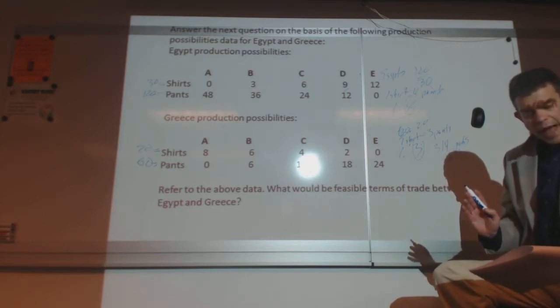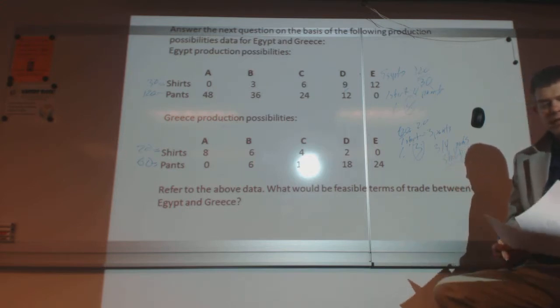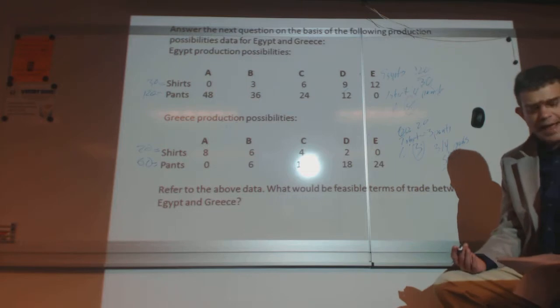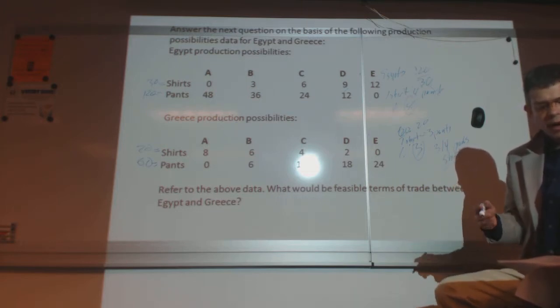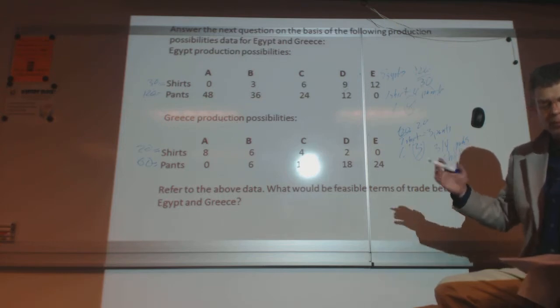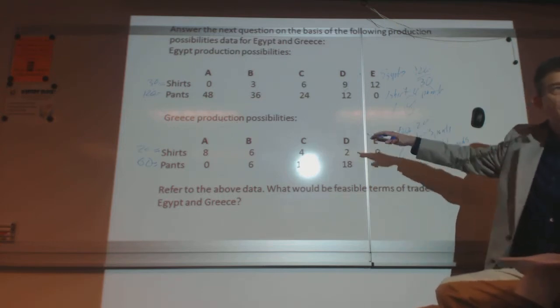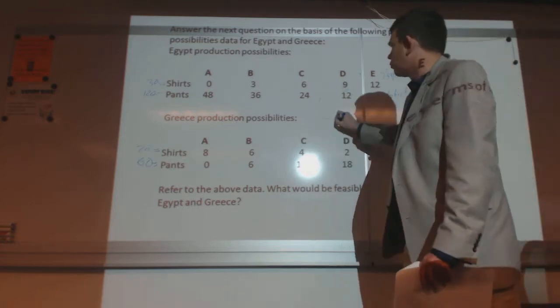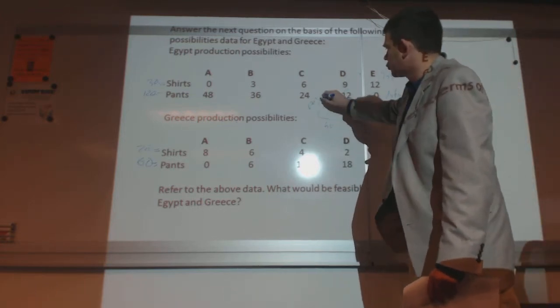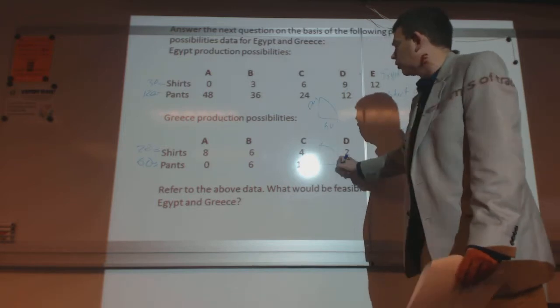If you have anything beyond that, any terms higher than that, one of the countries would be able to do better simply by producing with their own resources. So in essence, if these were two production possibilities curves between pants and shirts, one will look like that, and another one's going to look like this.